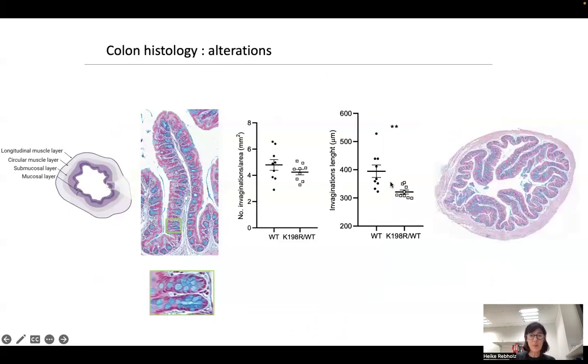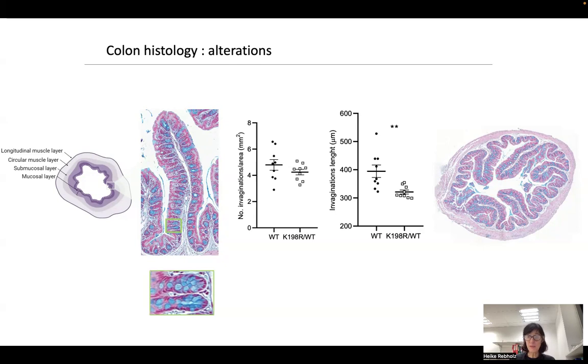Here are just examples, very quickly, where we have seen changes in the intestines and in the gut of mouse models. The gut is an organ that needs to have a big surface, a big interaction with the nutrition, with the food that is coming through.